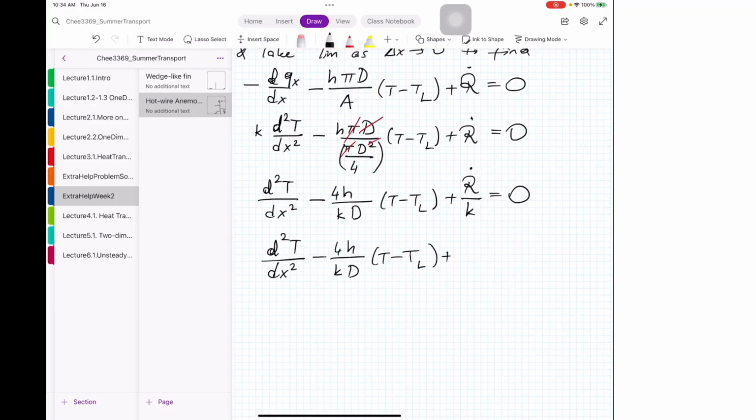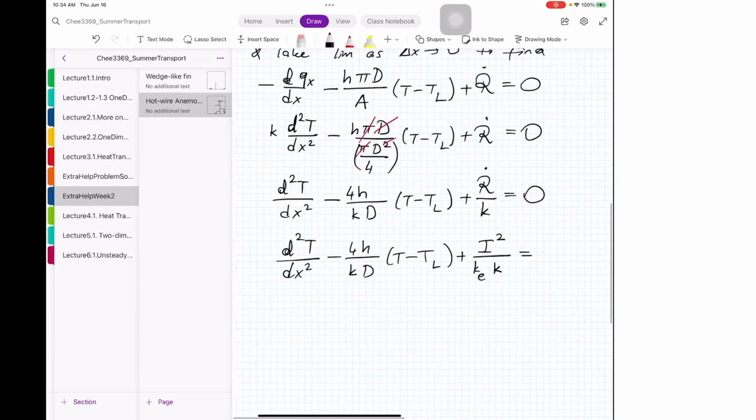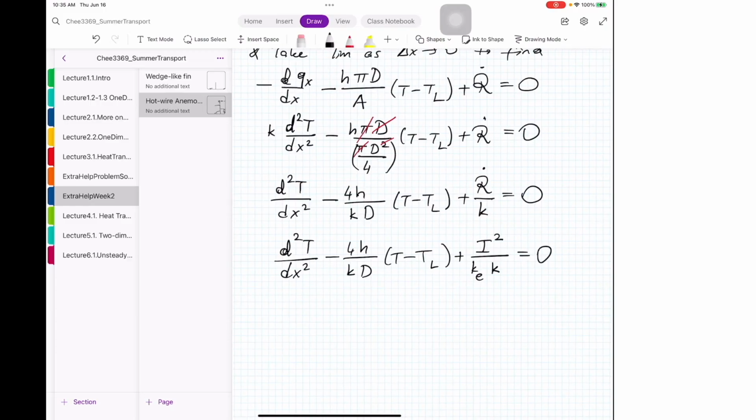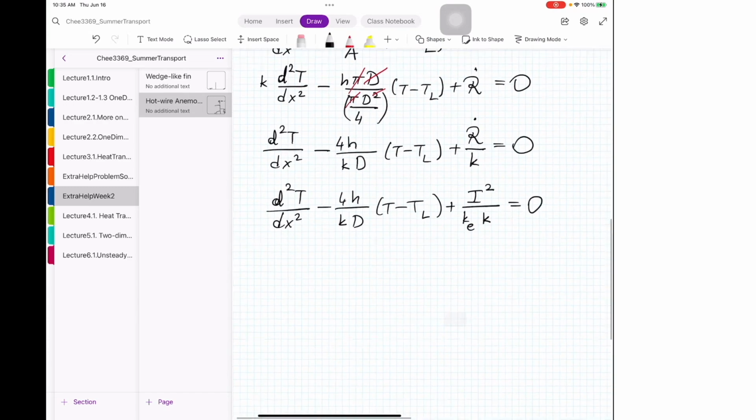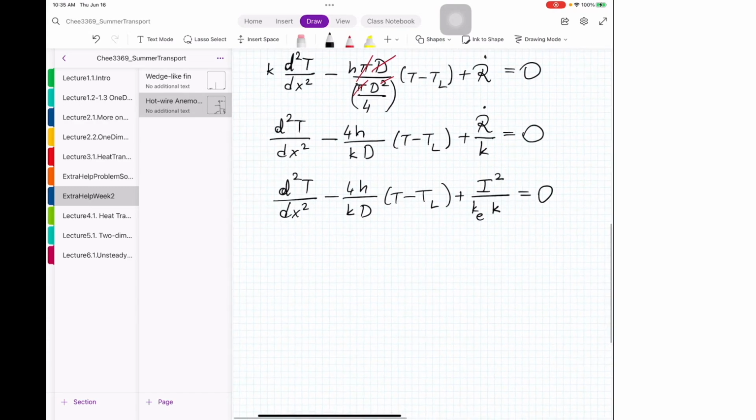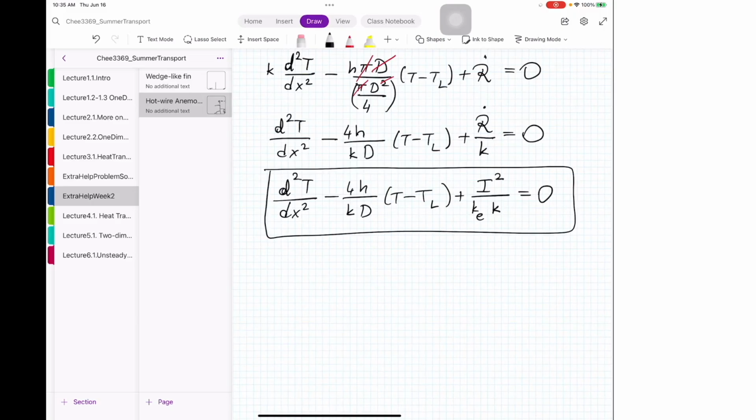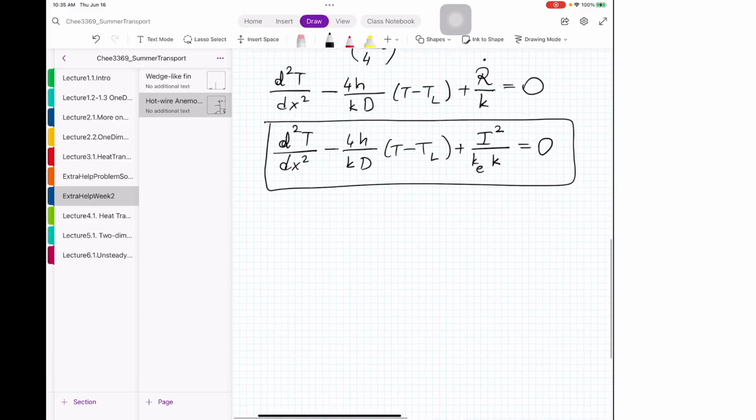Plus, instead of fancy r dots, we're going to write 1 over ke times I squared. Here, I is not current, but it's the current density. Okay. So that's our differential equation. We need to write down the boundary conditions as well.